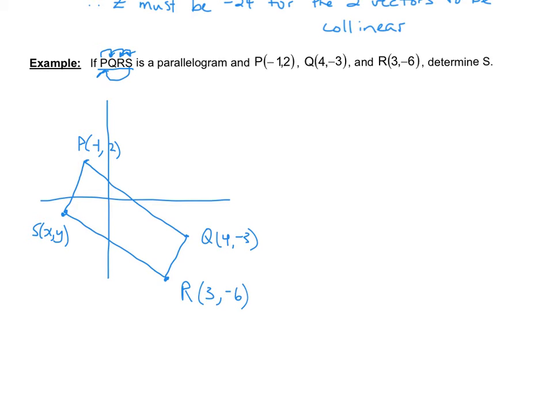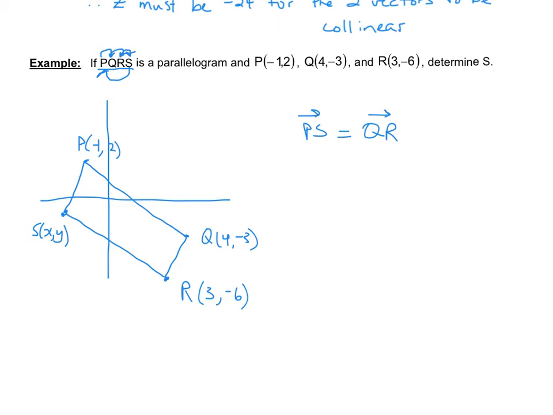For this to be a parallelogram, we know that sides have to be parallel to each other, which means they have to run in the same direction. In fact, the vector itself has to have the same length as well, which means vector PS would have to be equivalent to vector QR. We knew that back when we did our geometric vectors, but now we're working with coordinate vectors.